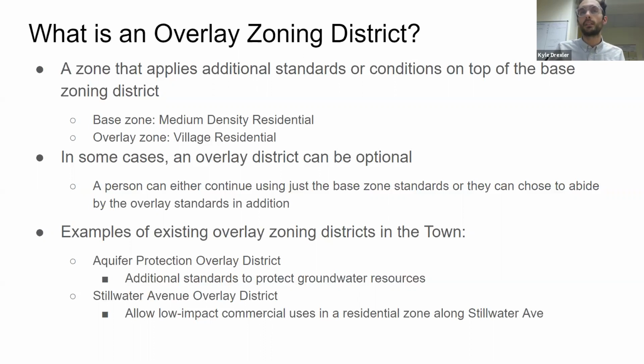Along Stillwater Ave, there's a stretch where the base zone is low density residential, but there's an overlay that allows for certain commercial uses because of the kind of traffic and scale of Stillwater Ave. It allows some low impact commercial uses to take place, even though it's primarily a residential area.